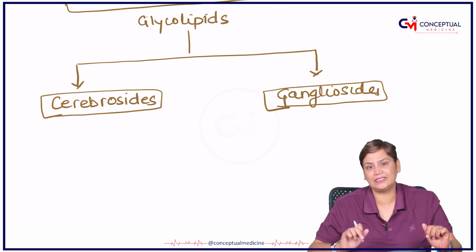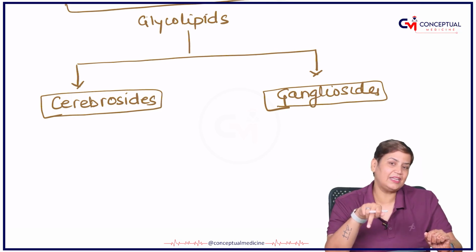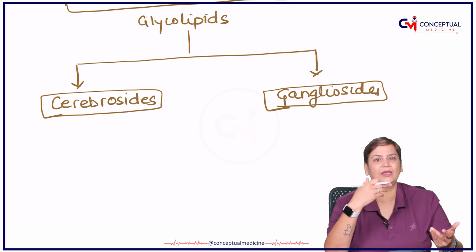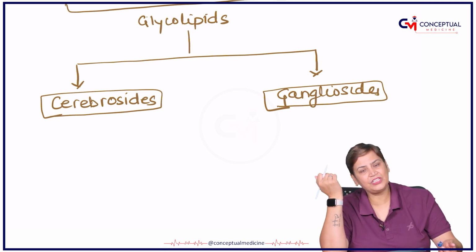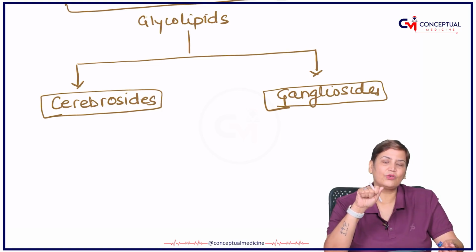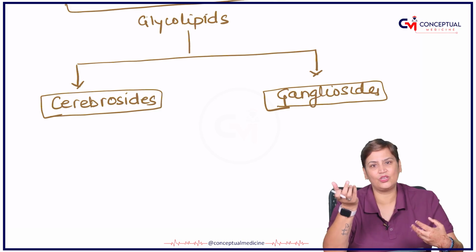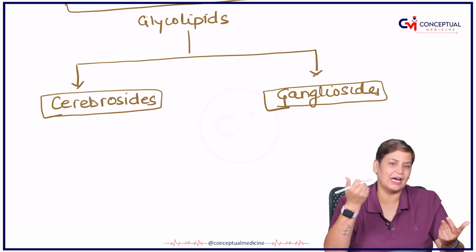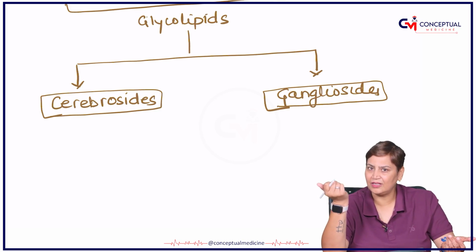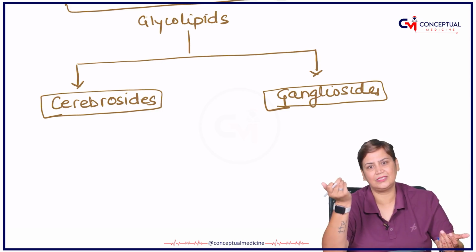Now, why are these important? Because if any enzyme degrading a particular lipid is deficient, it will lead to accumulation of that lipid. And when these lipids start accumulating, they will lead to enlargement of a particular organ. And that will lead to a disease.